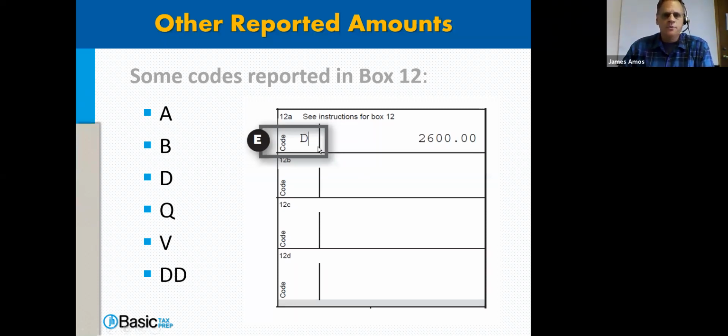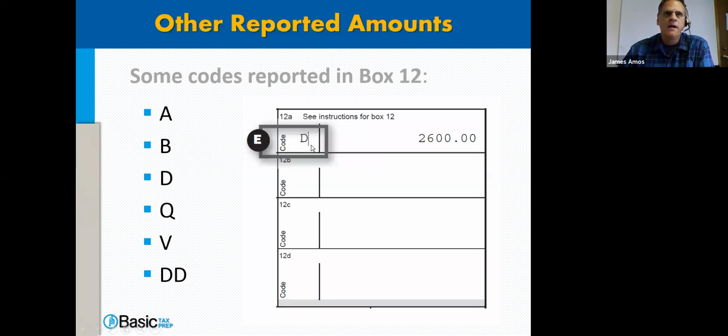There's also code D, which we talked about, the 401k. Why do they report that separately? Well, it helps you understand why there's a difference on the W-2 between like boxes 1 and box 3. But it also tells you some information that you might use to calculate a deduction on your return or a credit on your return. So these are things that are the reason box 12 exists.